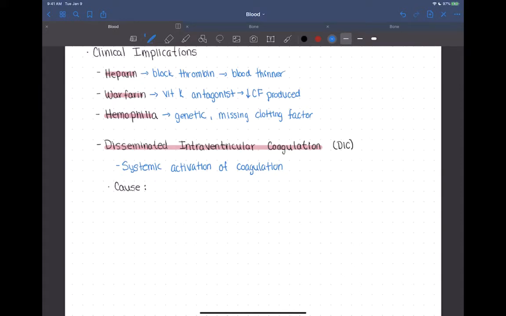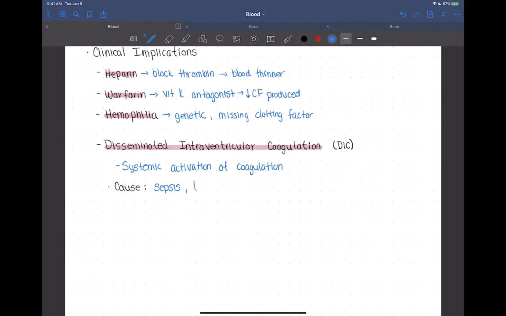Obviously that is a huge concern, because then you would have all of these emboli forming, and they'll go and form all of these little emboli. That would be very, very dangerous. Some causes of this are systemic infections and sepsis, which can trigger systemic coagulation.